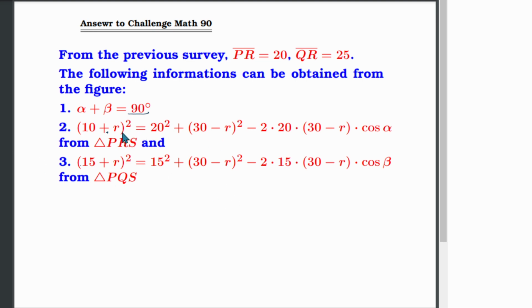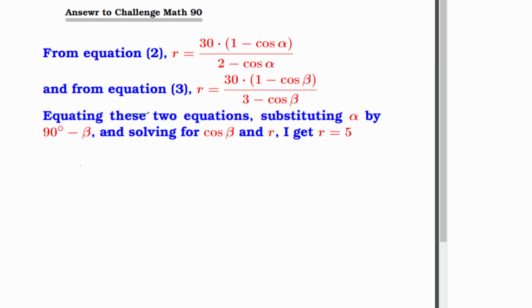Do you remember these are two equations? As we expected, from equation 2 we got r, from equation 3 r, so r and r are the same, so the two of them must be equal to each other. So we equate, and then we replace alpha by 90 degrees minus beta, and then solve for cosine beta first.